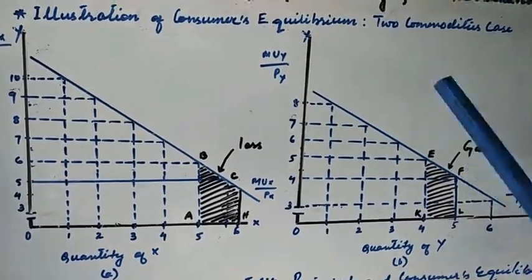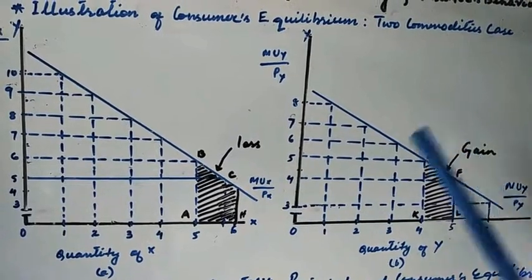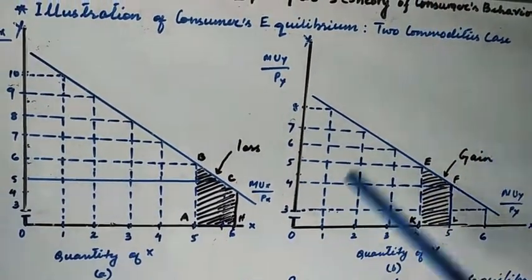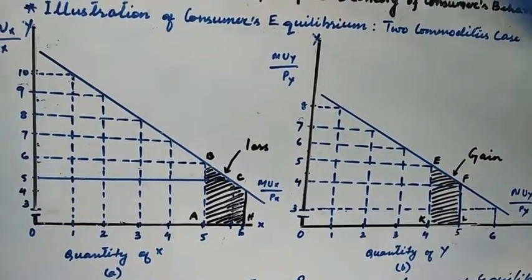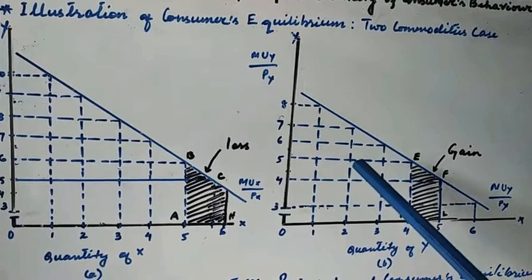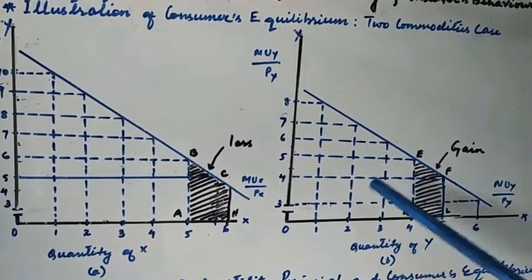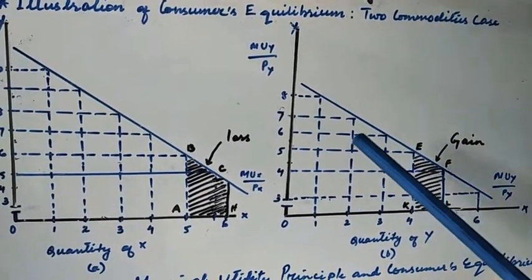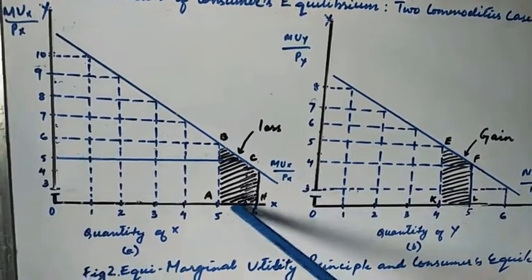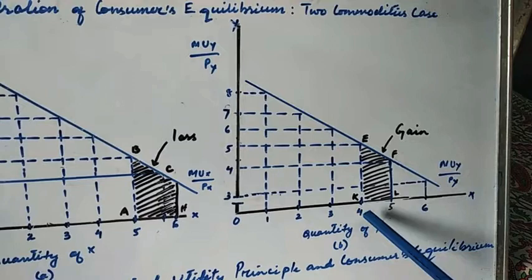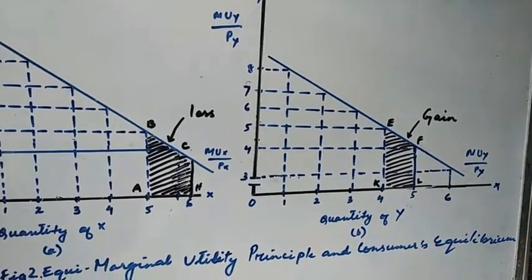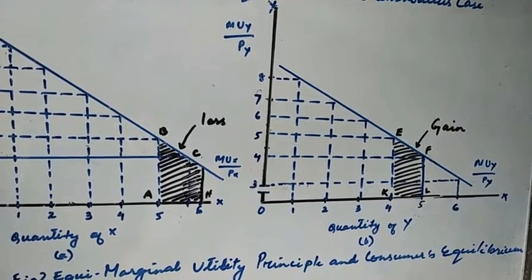Therefore, the consumer is in equilibrium when he is buying 6 units of X and 4 units of Y, and no other allocation of money expenditure will give him greater utility than when he is buying 6 units of good X and 4 units of good Y. Suppose, let's take a situation.